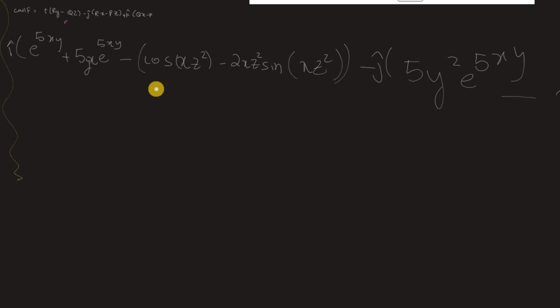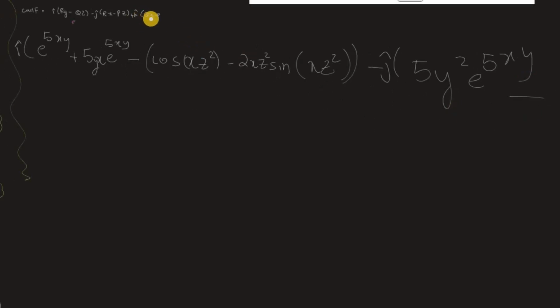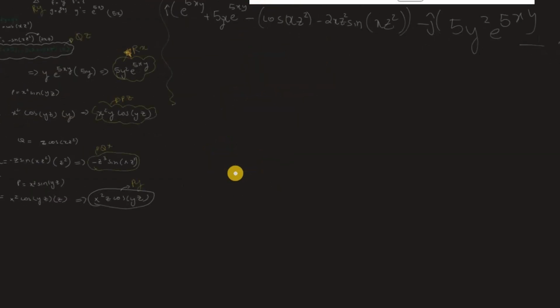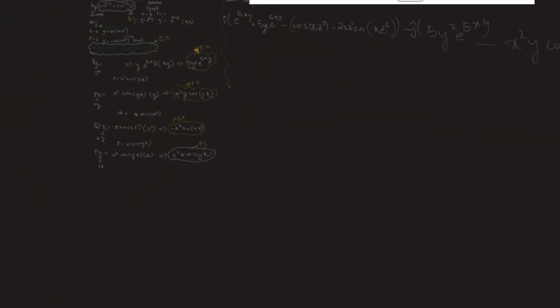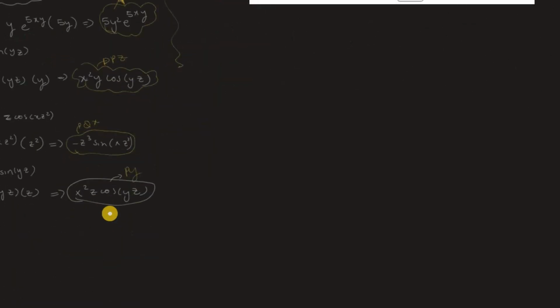So where is the pz? We have this here as x squared y cosine of yz. And then k hat, and then we have q of x. Where is q of x? It's this thing over here. Let's copy this from here and paste it over here. And at the end we have negative py, so py is this thing.